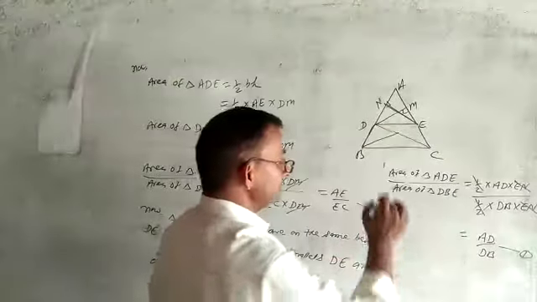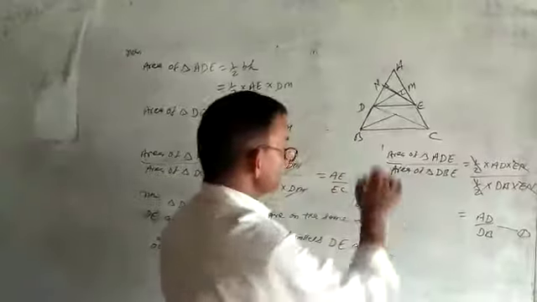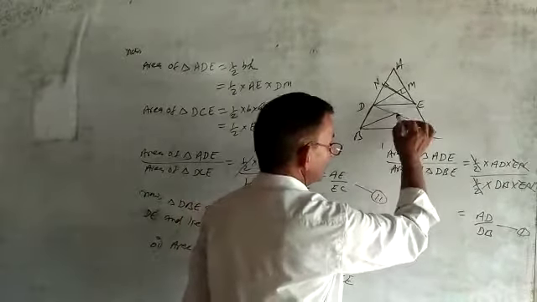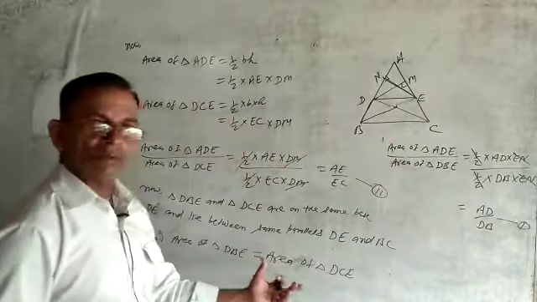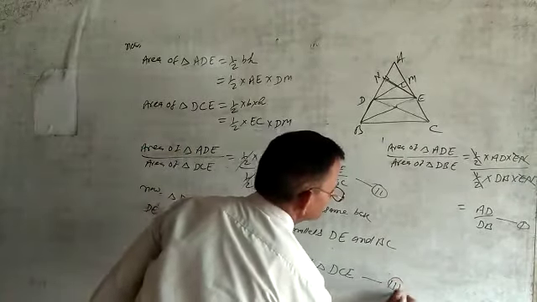So the areas of both triangles will be equal. This is equation number 3.